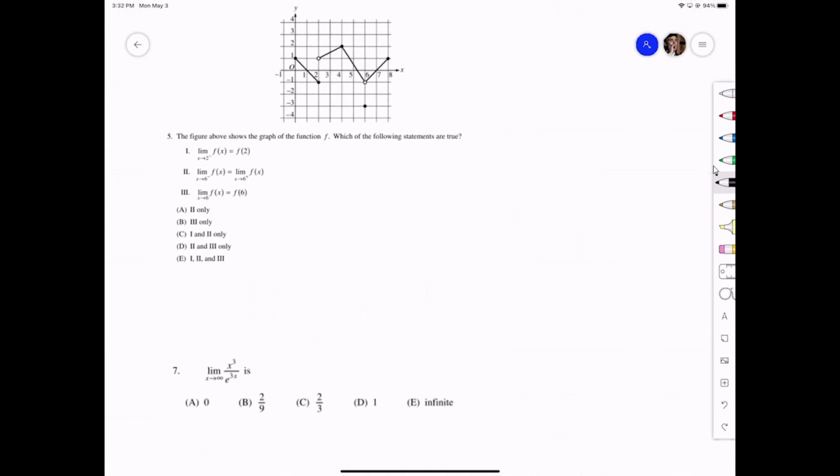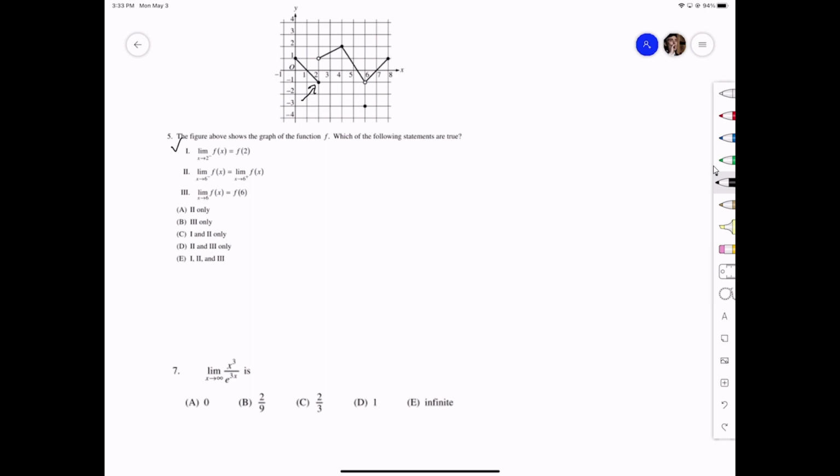Okay. The figure above shows the graph of the function f. Which of the following statements is true? The limit as x approaches 2 from the left of f of x is equal to f of 2. From the left, it approaches negative 1, and f of 2 is negative 1. So that's true. The limit as x approaches 6 from the left of f of x is equal to the limit as x approaches 6 from the right of f of x.